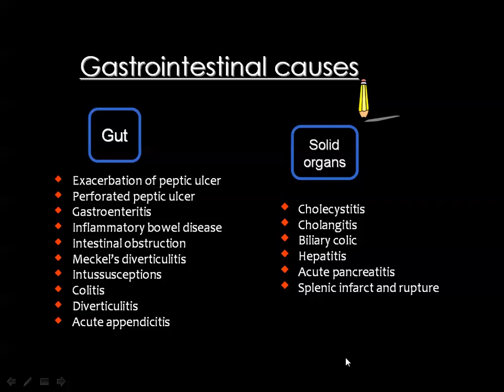Then we have a lot of conditions that can contribute to acute abdomen, and these include too many pathologies in the gastrointestinal tract, as well as in the solid organs in the abdomen and the pelvis, and also there are some causes which are located in the chest that can contribute to acute abdominal conditions.